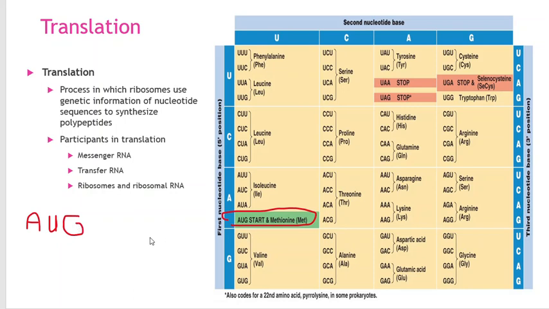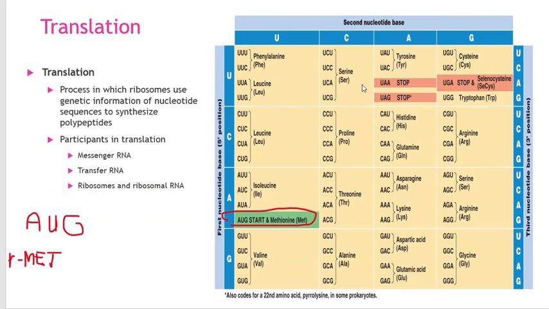And that is always going to code for methionine. Now in prokaryotes, it's got something called F-methionine, but it's still methionine, just slightly different. In eukaryotes, it's methionine. That is the start codon. So whenever the ribosome sees that, it knows that I start here.